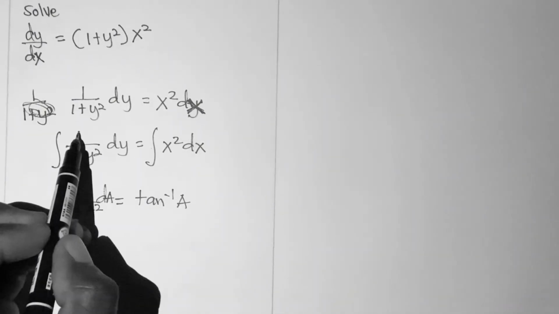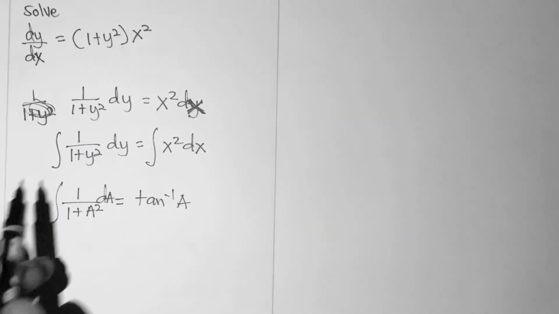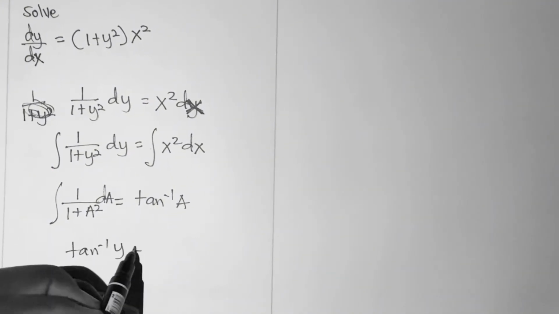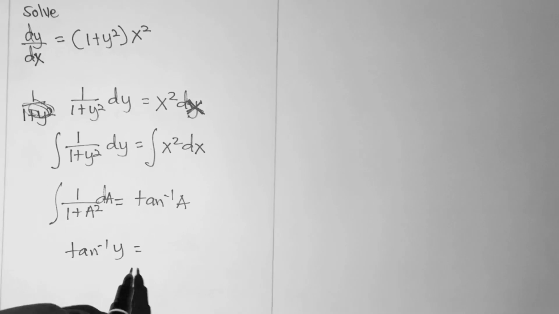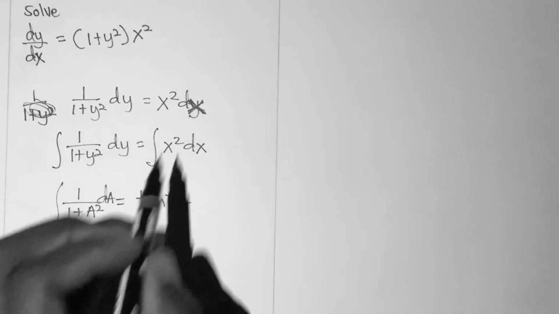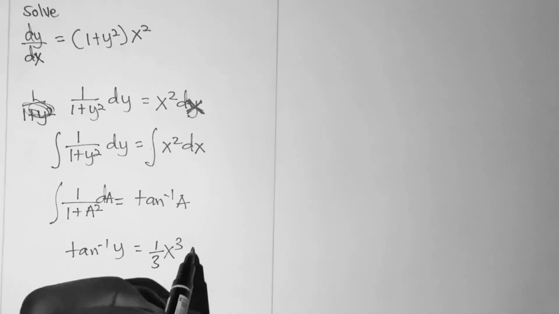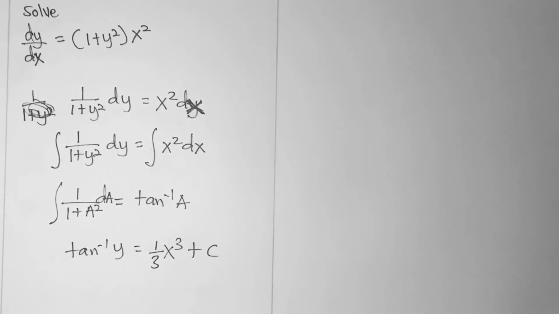So the integral of 1 divided by 1 plus y squared is equal to tan inverse of y equals, if you integrate x squared, you are going to get 1 over 3 x cubed plus the constant of integration c.